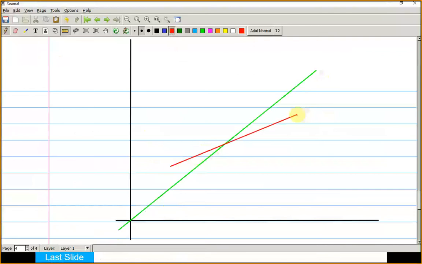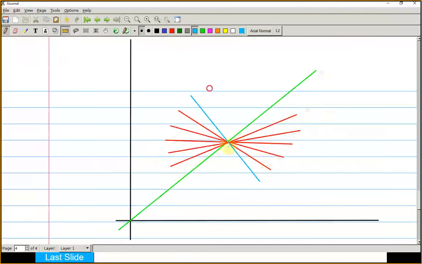So anything that crosses like this, all of the red lines, would be solvable, or it will converge. All the blue lines would not converge. These blue lines are steeper than 1. Alright? All the red lines are shallower than 1.